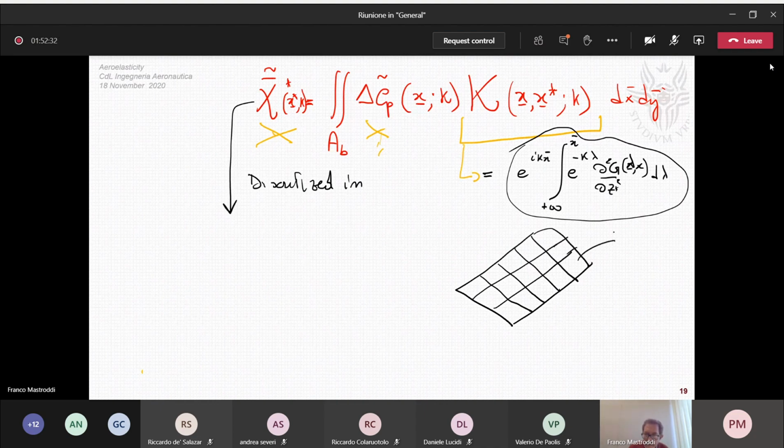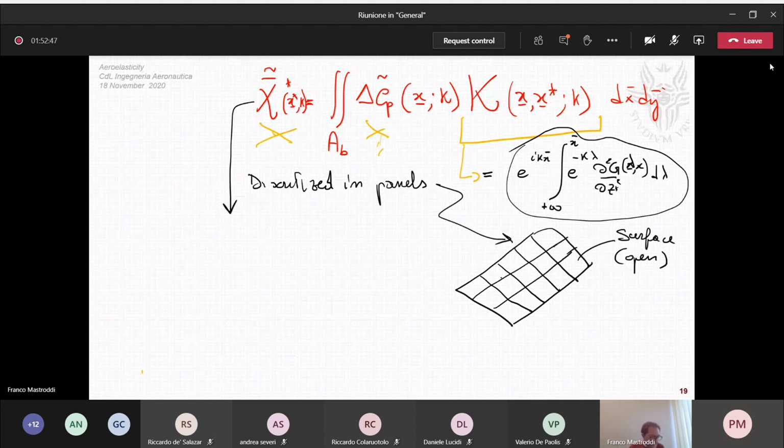This is a surface, an open surface. So discretize in panels like this, only one face panel, and we can collocate the solution in each panel, in the centroid of the panel.